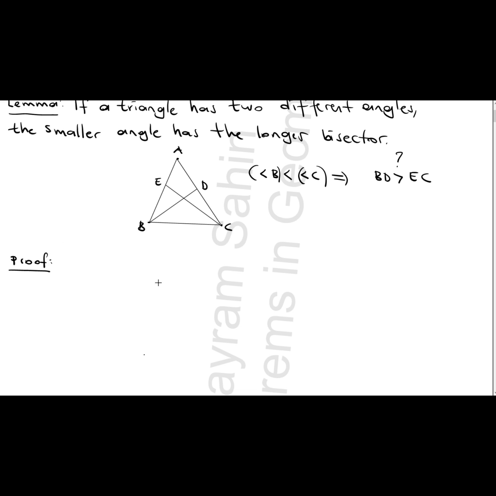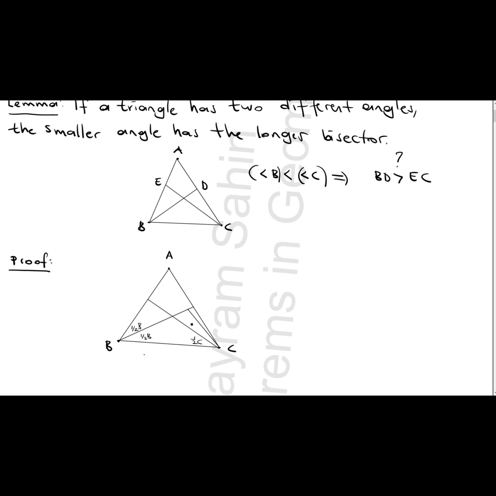Let me draw the graph here again. We have this triangle with corners A, B and C. This is the bisector for B, and this is the bisector for C. So this part is okay: this is 1/2 B, this one also is 1/2 B, and this part is 1/2 C. Let me draw another line segment here, connecting here.